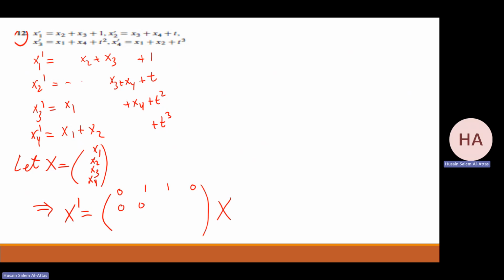I don't have x1, I don't have x2. 1, 1, 1, 1. Then I have 1, 0, 0. Then I have x4 is 1. The last row, 1, 1, 0, 0. What will be the right hand side? Or the non-homogeneous part? 1, t, t square, t cubed.